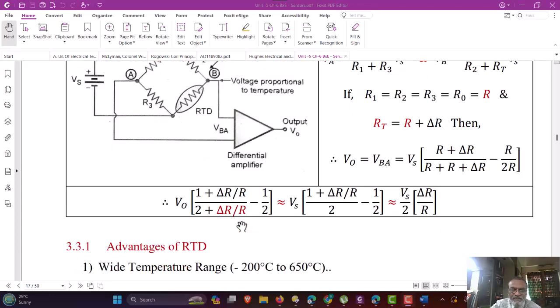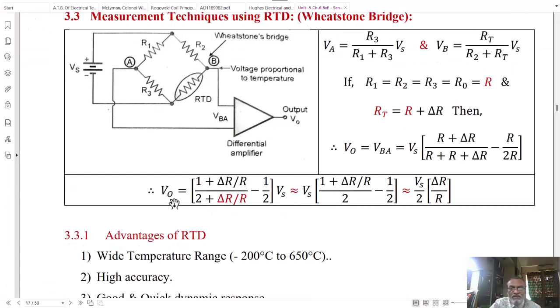Simplifying this expression further, VO is equal to, take R common from numerator and denominator and cancel it. It comes out to be (1 plus delta R by R) upon (2 plus delta R by R) minus 1 by 2.